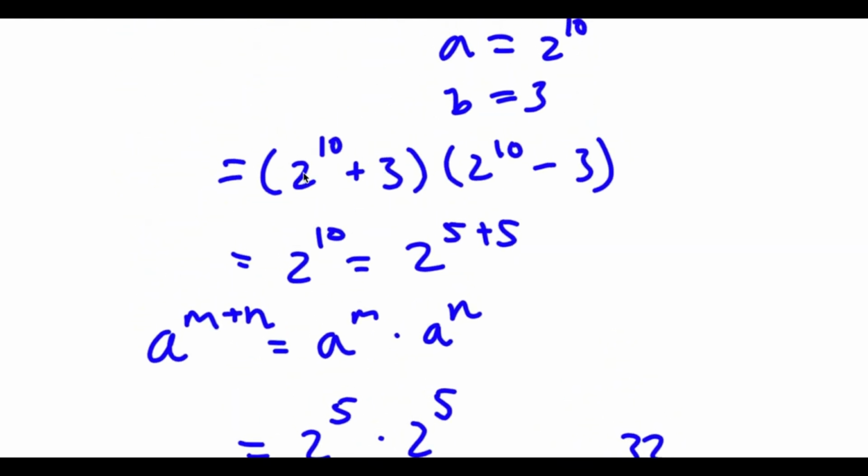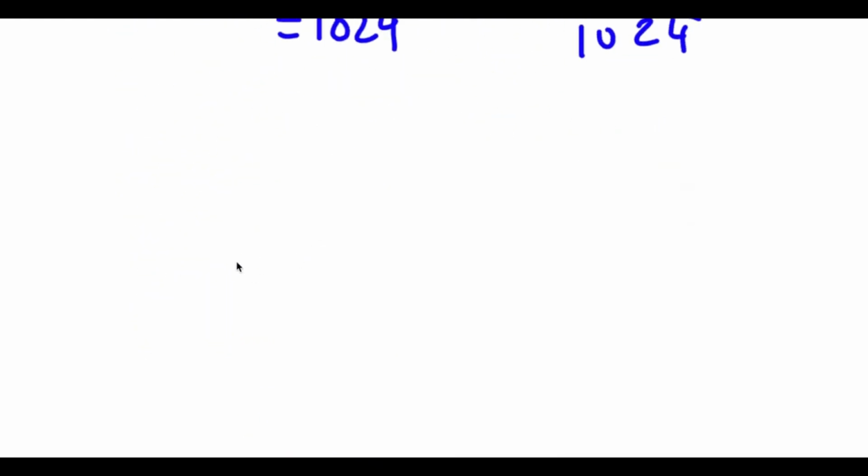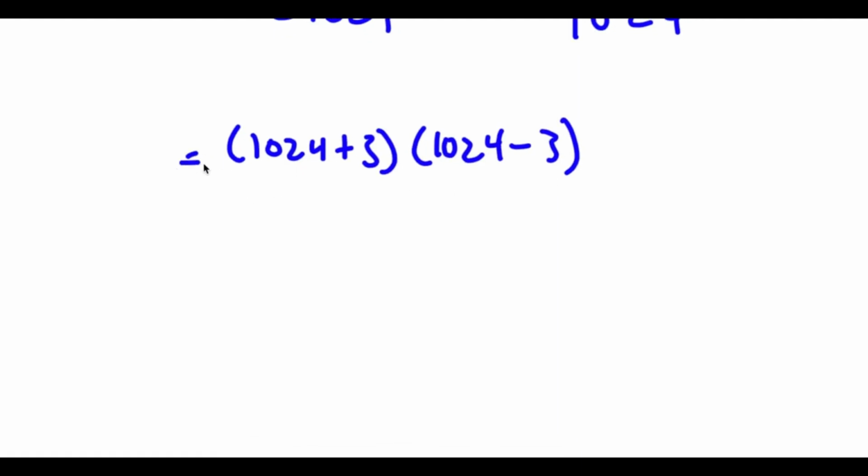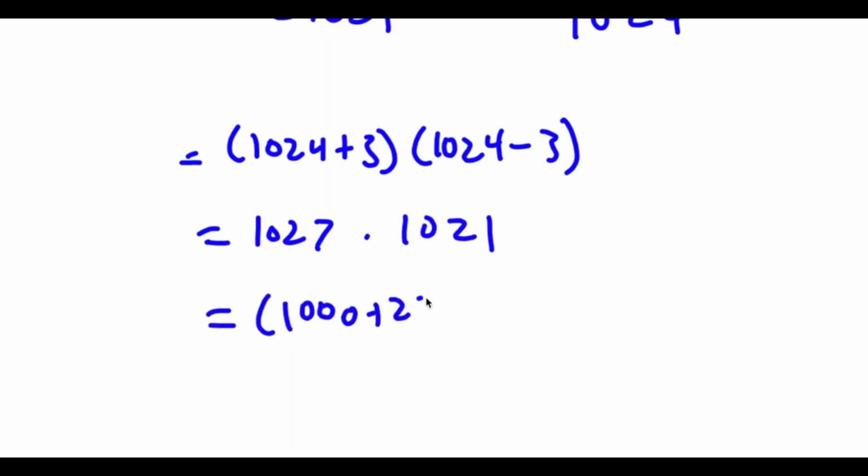So now, because 2 to the power of 10 is 1,024, I have 1,024 plus 3 times 1,024 minus 3. 1,024 plus 3 is 1,027, and 1,024 minus 3 is 1,021. Now I can rewrite this as 1,000 plus 27 times 1,000 plus 21. And now it's much easier to solve this.